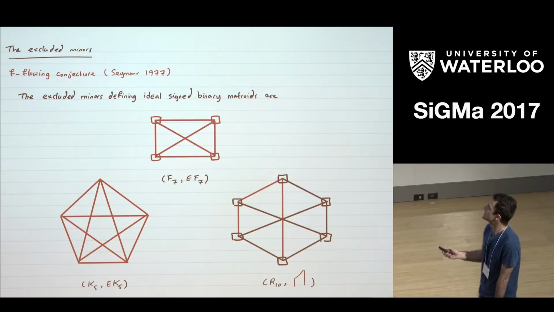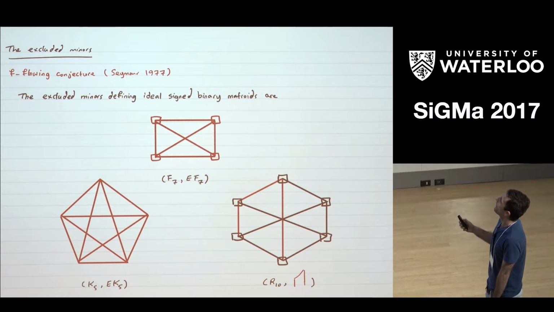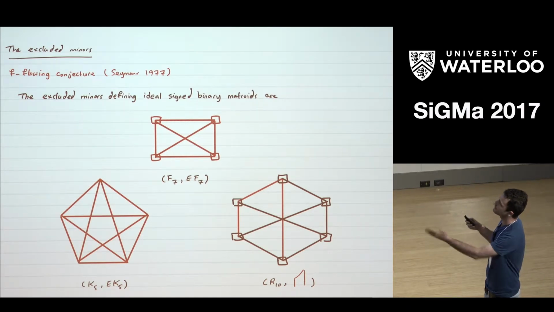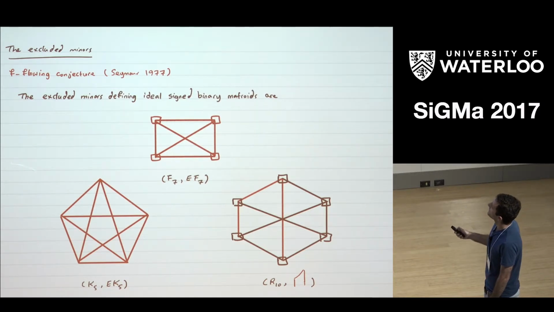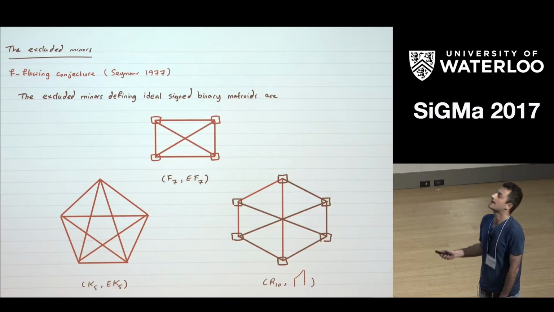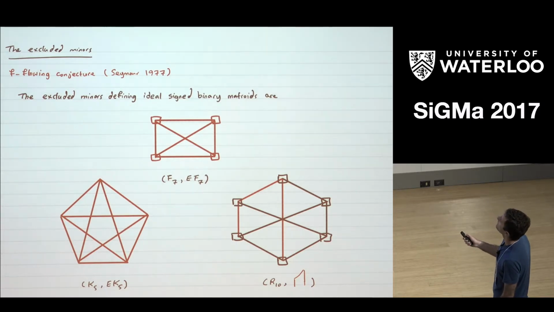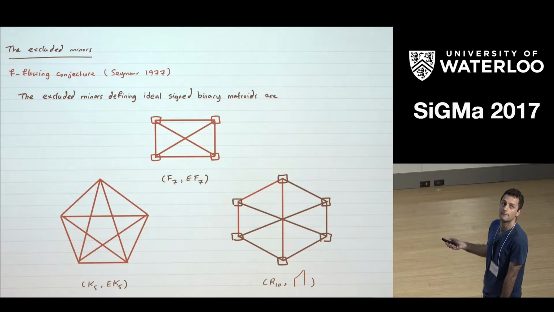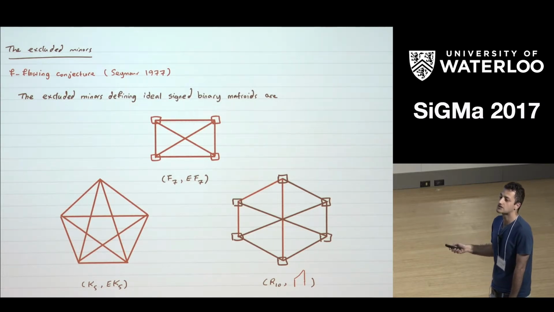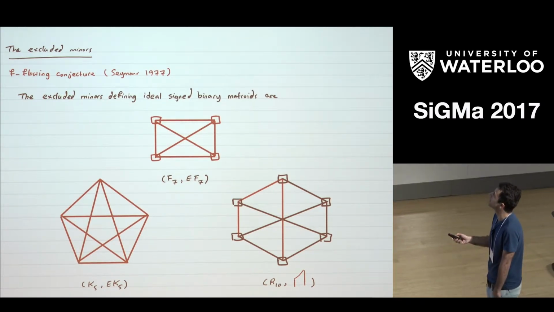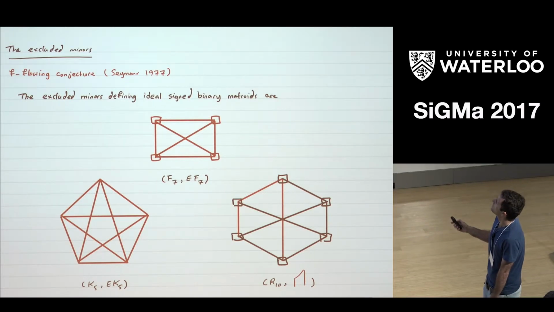If you've heard of those, essentially, there was a conjecture there, again, made by Paul Seymour, that was only concerned with ideal signed binary matroids where the underlying matroid was graphic. And if you look at it, the only excluded minor where the underlying matroid is graphic is this one, this beast over here. So you could try, just as a first step, to prove the conjecture for the case where M is graphic. And this is what Bertrand did in the late 90s and early 2000s.